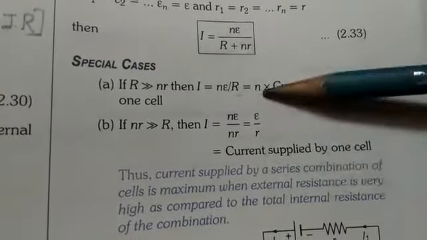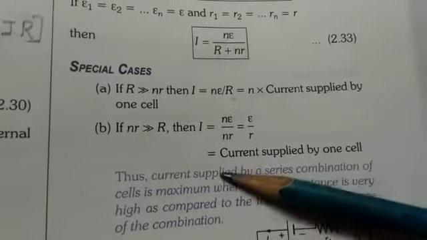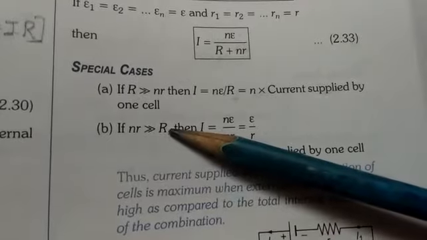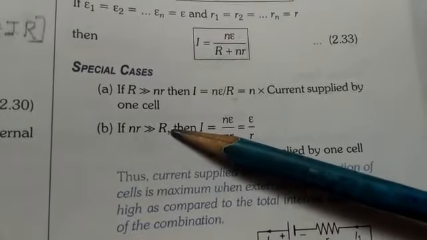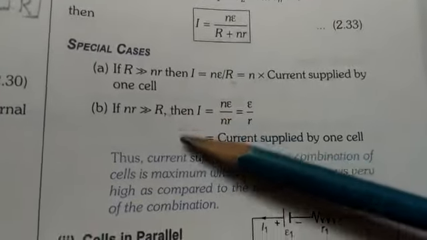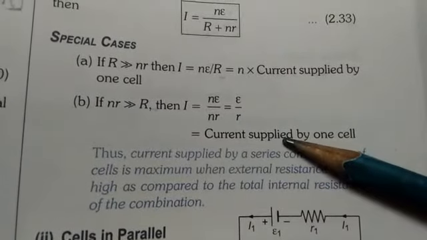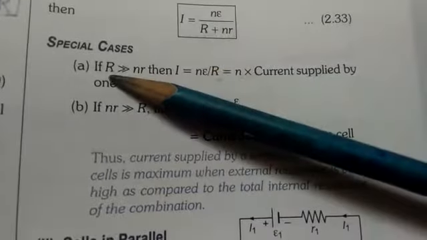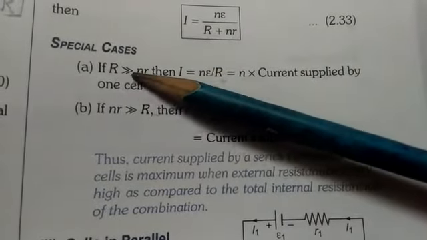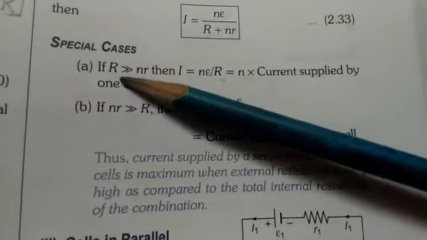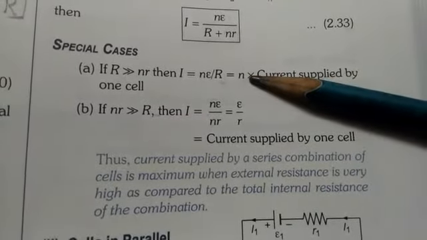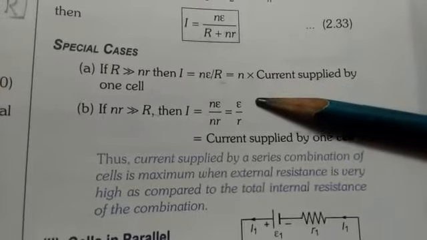Now in these two cases you can see that when internal resistance is greater than external, we are getting the current supplied by only one cell. But when internal resistance is less than external, we are getting n times the current supplied by one cell.